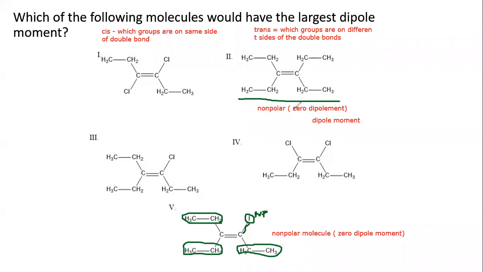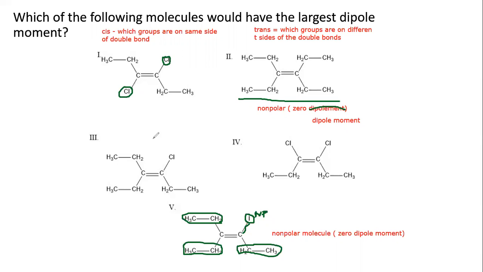So now we've narrowed it down to 3 choices left. We need to identify which of these are polar molecules. If we look here, notice in number 1 that the 2 chlorine atoms are on opposite sides of the double bond.